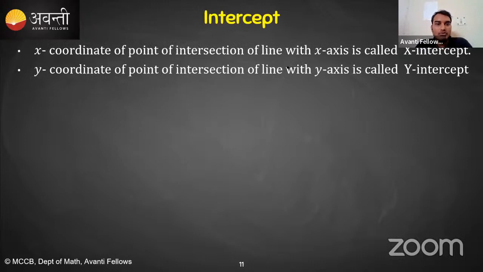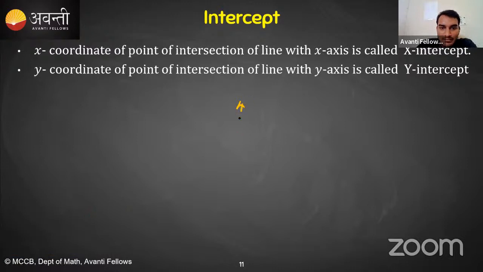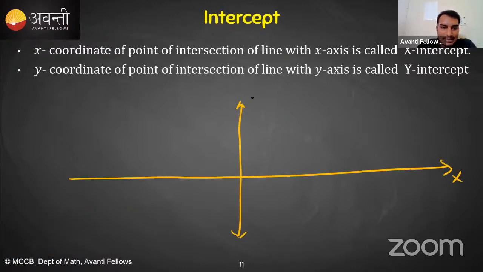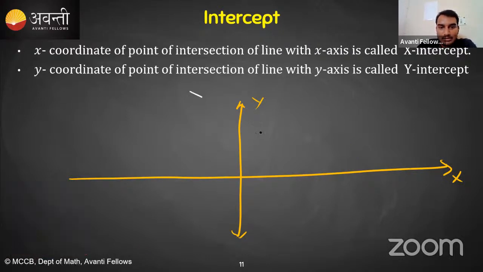So now let's see about the intercept. What is intercept? Intercept is, students, nothing but, let's say you have a straight line. This is the coordinate axis, x and y axis. This is the line.